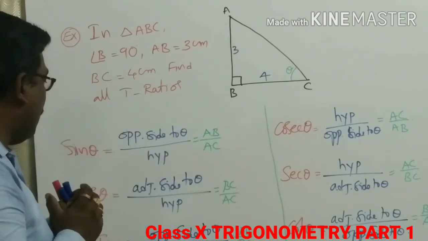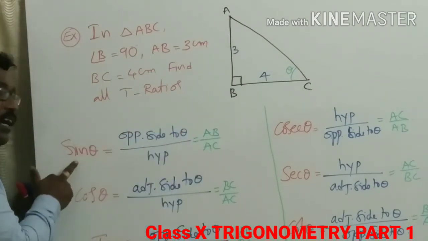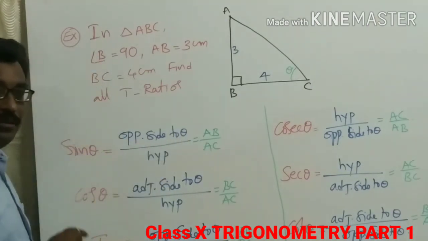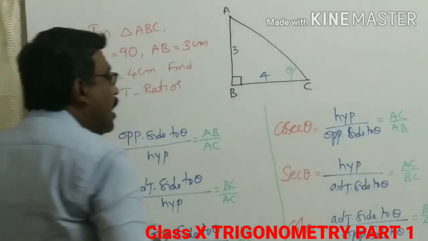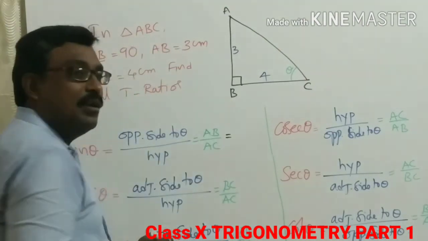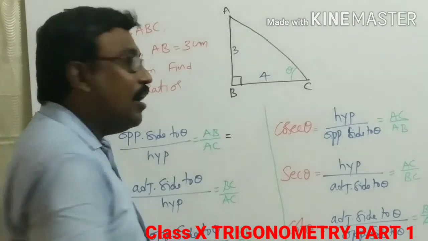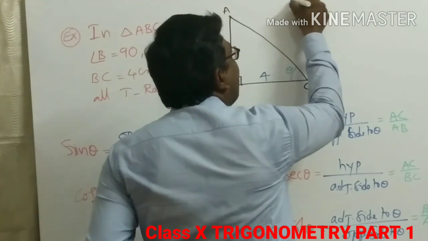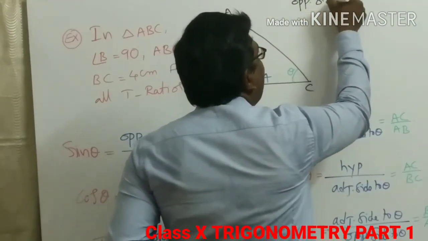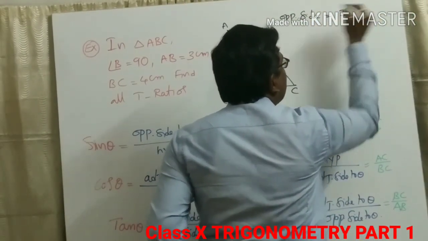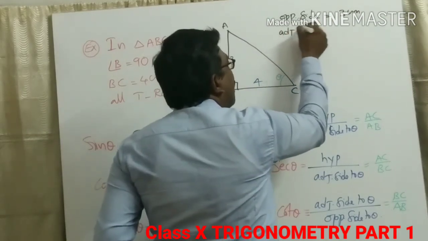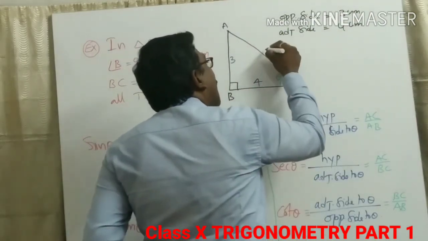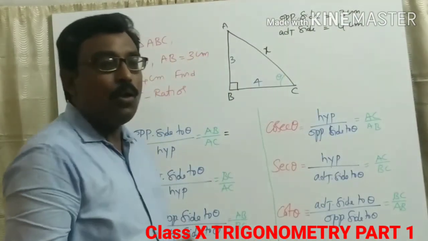Now all T ratios. What is the first T ratio? Sine. Sine formula is opposite side to theta by hypotenuse. Opposite side to theta, this is theta. Opposite side is 3 centimeters, adjacent side is 4 centimeters, then hypotenuse we don't know.